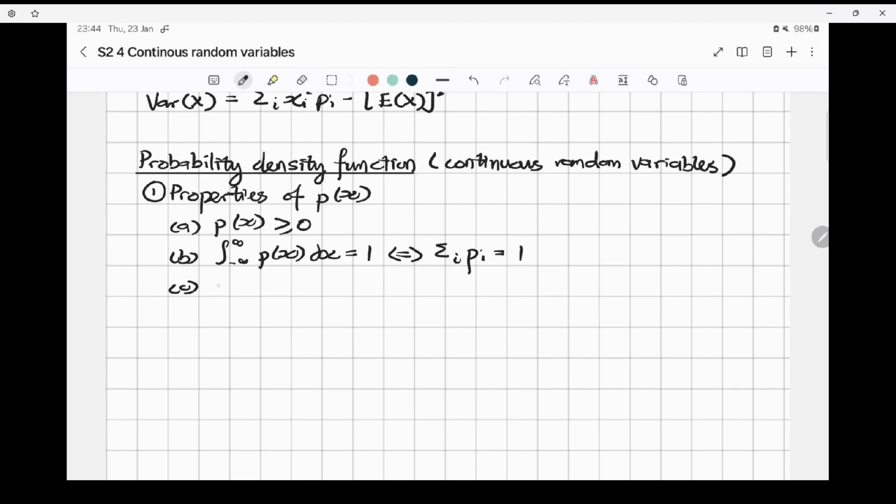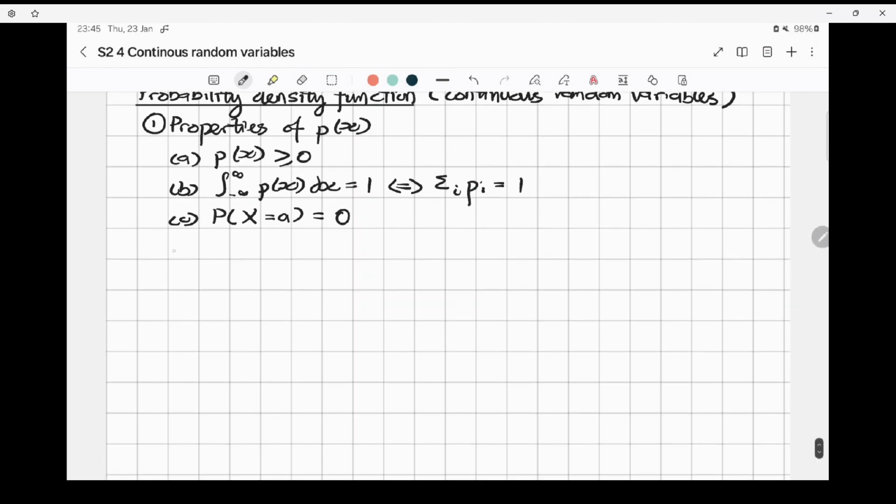Then for a continuous random variable, you don't really have discrete values of probability, so this is equal to 0. In the next property you will probably see why this is the case.